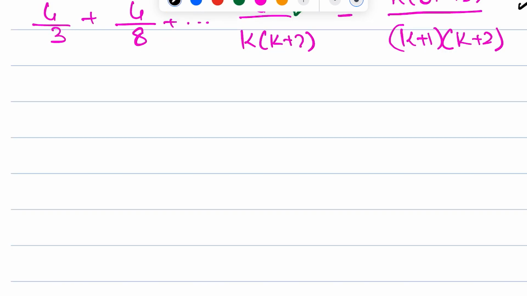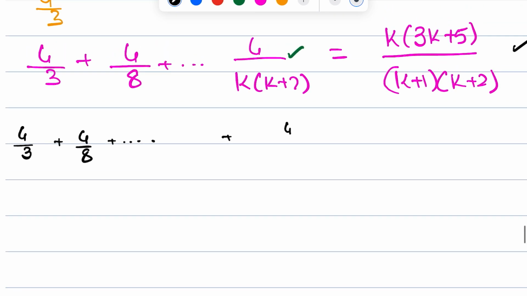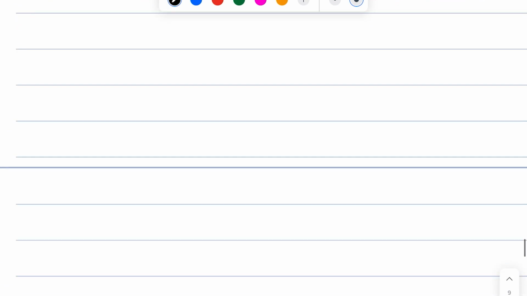I have to prove that it is true for n equals to k plus 1. So 4 upon 3 plus 4 upon 8 plus and so on, plug in k plus 1 over there. 4 upon k plus 1 times k plus 2 plus 1, which is k plus 3, should be equal to, plug in k plus 1 over here in the right hand side also.